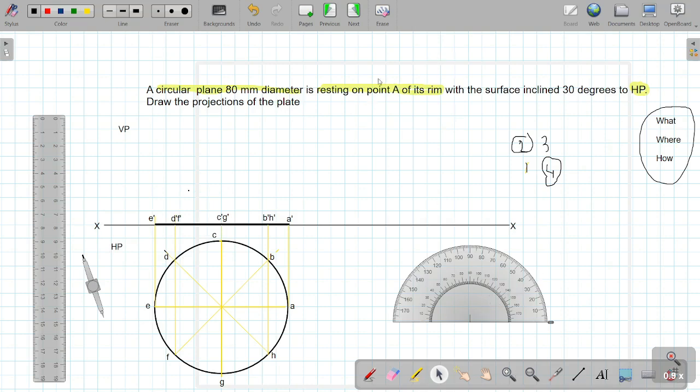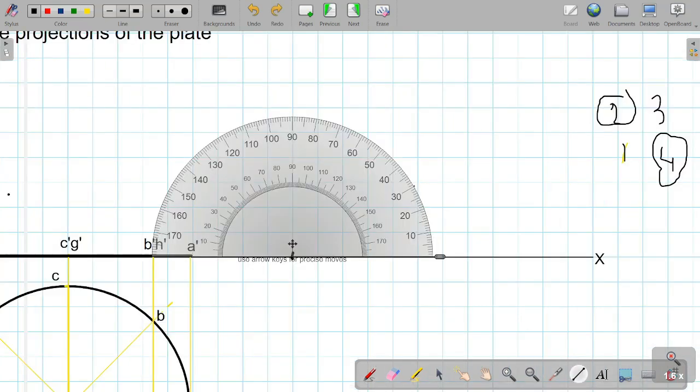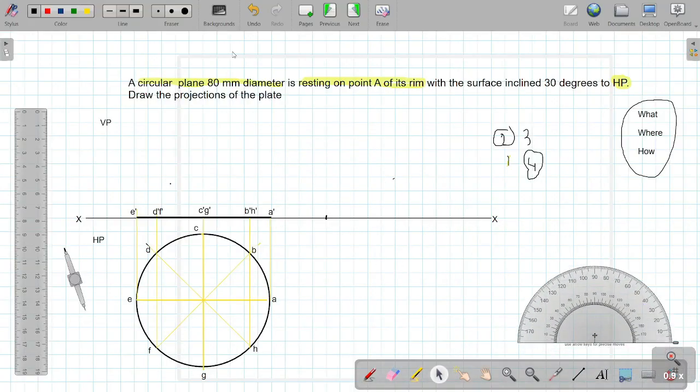Also this point A should be on XY, that is on HP. So I will first mark the point, let us say this point is marked as A dash. From this point I will measure 30 degrees. Then join this by a very light line.